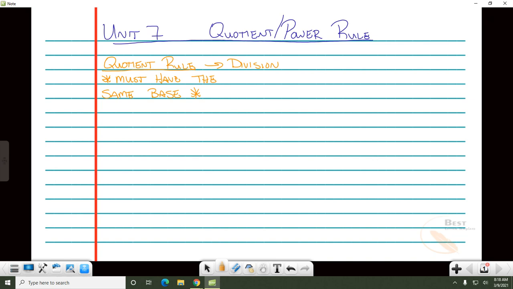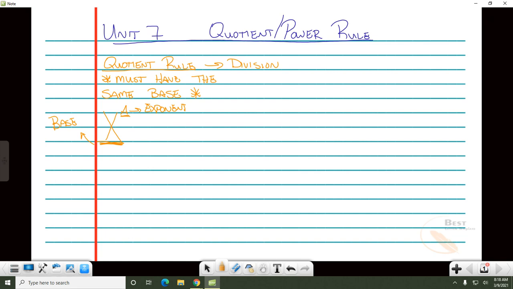Alright, I'll take that as a no. If I have something raised to a power, this big number here, that's my base. And then this little guy, that's our exponent. So they have to have the same base.